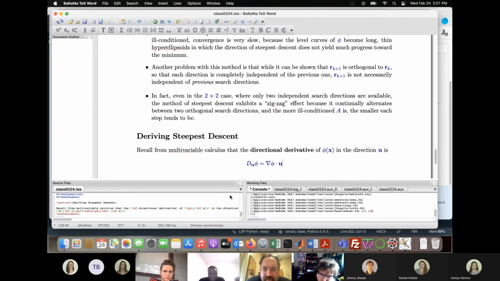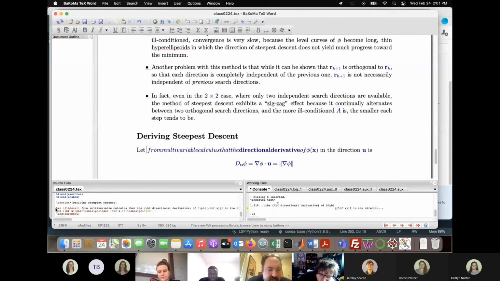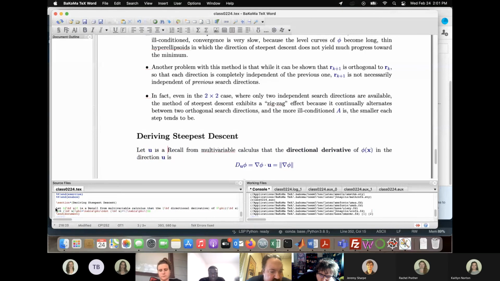But that is equal to the magnitude of the gradient, in the two norm sense. Actually, I need to stipulate that u is a unit vector.